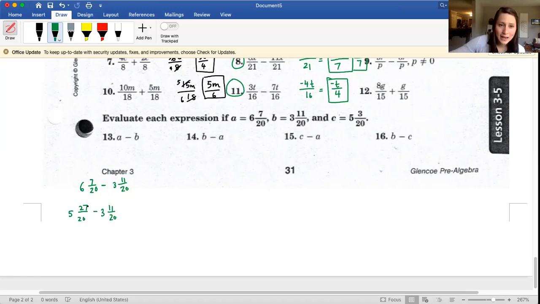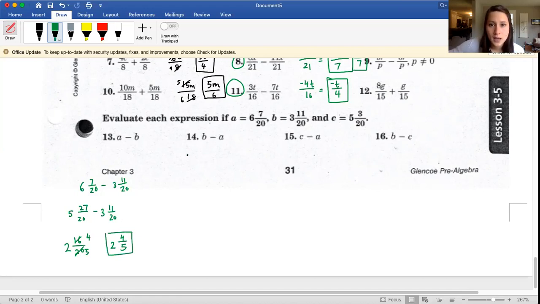Then now I have 27 minus 11, and that's big enough, and then 5 minus 3. So 5 minus 3 is 2, and then 27 minus 11 is 16. So it's 16 over 20. Now I can reduce. That's 4 and that's 5. So it's 2 and 4/5 as my answer.